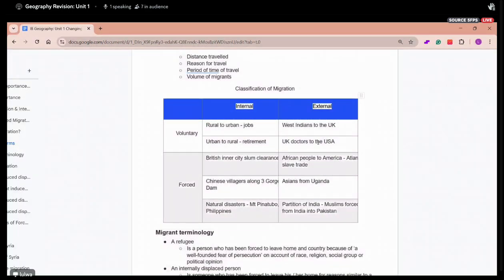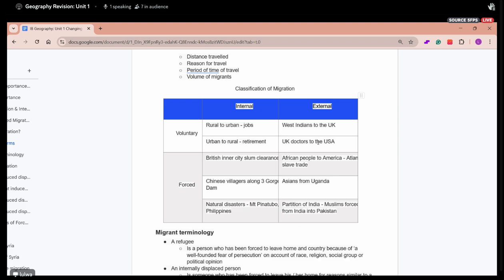So here is a simplified table. So you have both voluntary and forced migration, both internally and externally. So internally means within a country or within an area, but externally means from one place to another. So for example, voluntary internal ones would be rural to urban migration for jobs, or the opposite, urban to rural for retirement. External would be, for example, the West Indians to the UK or UK doctors to the USA.